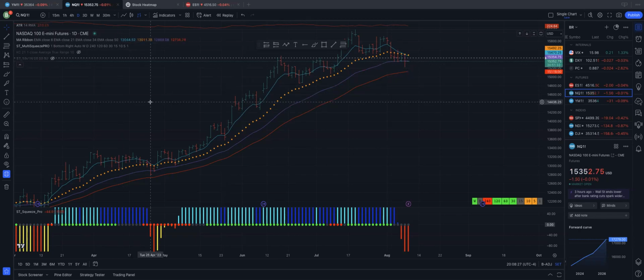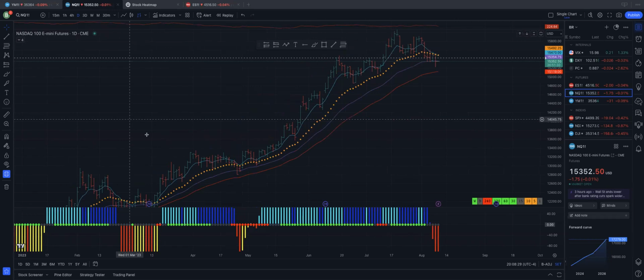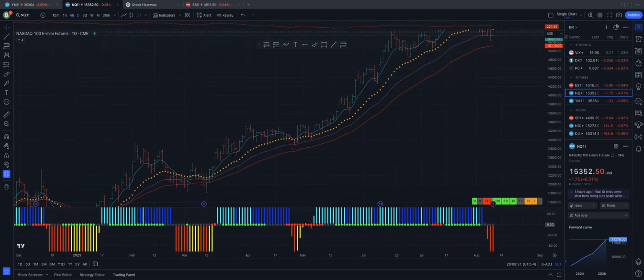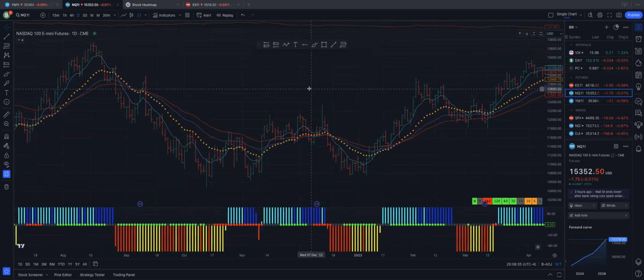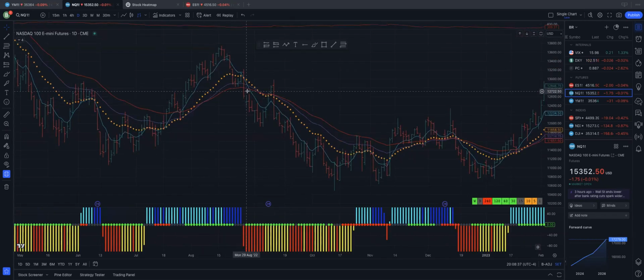Now, what do I look for in a downtrend? The exact opposite, literally the exact opposite. I'm looking for the moving averages to be stacked negatively. So here's an example. The 8 here is below the 21, which is below the 34, which is below the 50. Those are stacked negatively, so that is a downtrend to me.